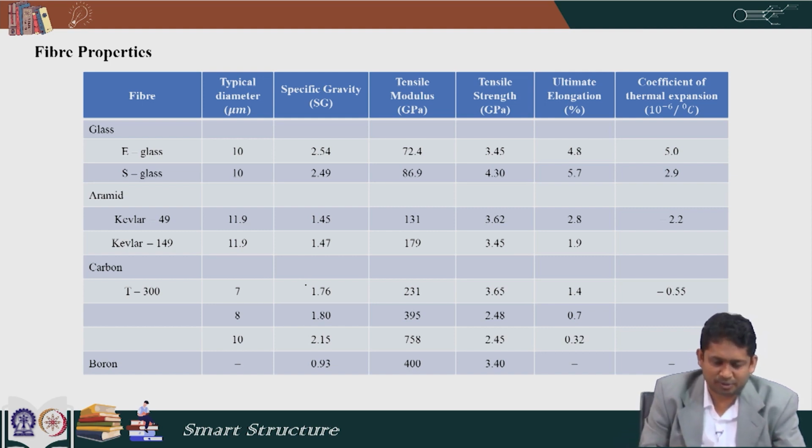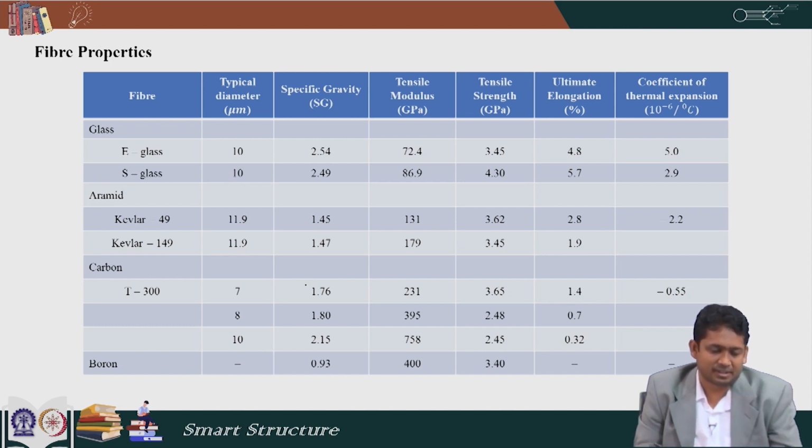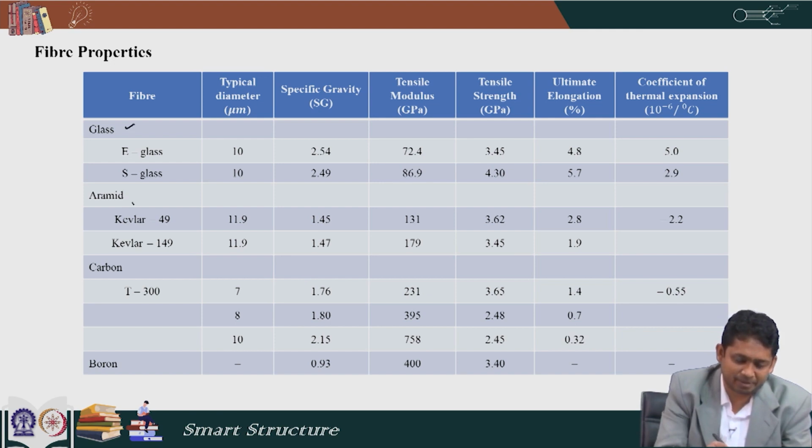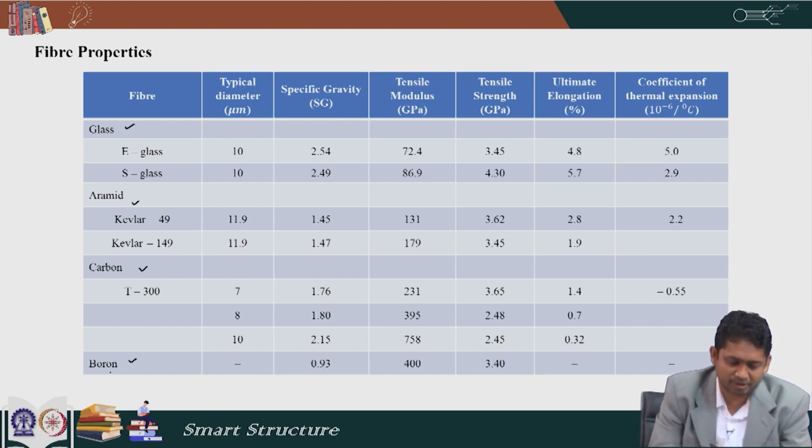Now, let us look into the different constituent properties of the fibers. The fibers that we generally use in fiber reinforced composites are glass fiber, aramid fiber, carbon fiber and boron fiber. Again, in glass fiber there can be E-glass fiber and S-glass fiber. E-glass fiber costs less, and these are the different properties. So, these are the typical diameters of a fiber.